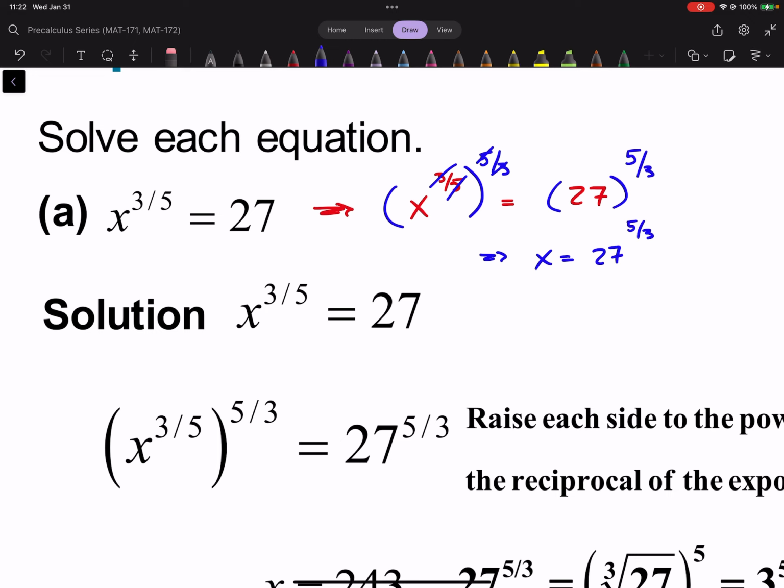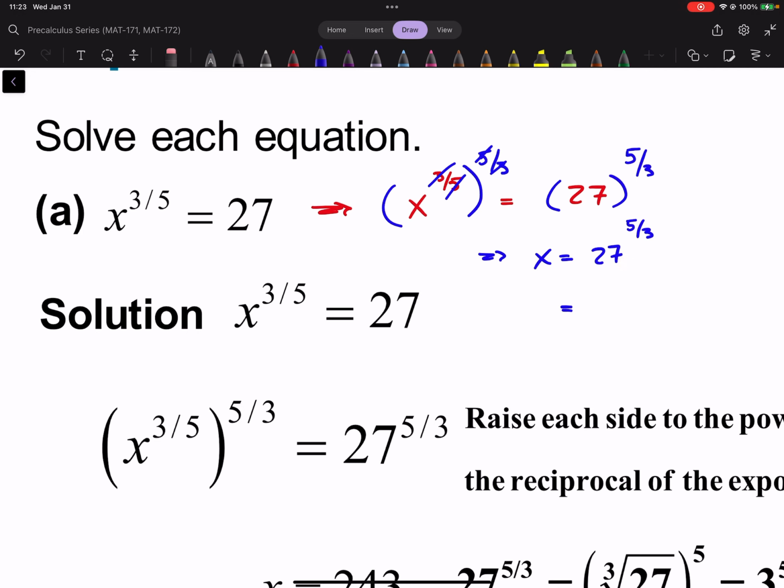Now you can either take the cube root of 27 first and then raise that result to the 5th power, or you can take 27, raise it to the 5th power, and then take the cube root. Since I want to do some mental math, I'm going to cube root this first. So mine is going to have the cube root of 27 raised to the 5th power.